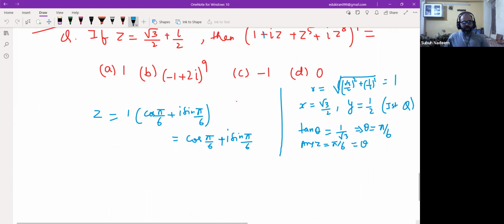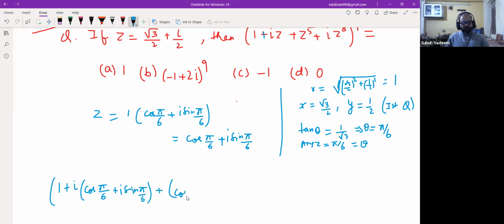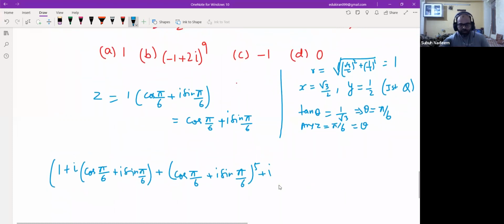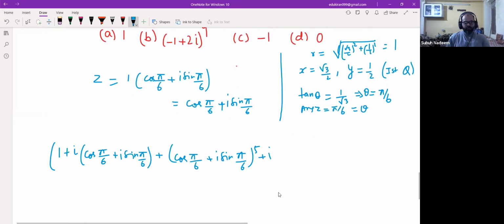So 1 plus iz, when you take, is 1 plus i (cos pi by 6 plus i sin pi by 6), plus z to the power 5, that is (cos pi by 6 plus i sin pi by 6) to the power 5, plus i z to the power 8, that is i (cos pi by 6 plus i sin pi by 6) to the power 8, and there is whole to the power 9.